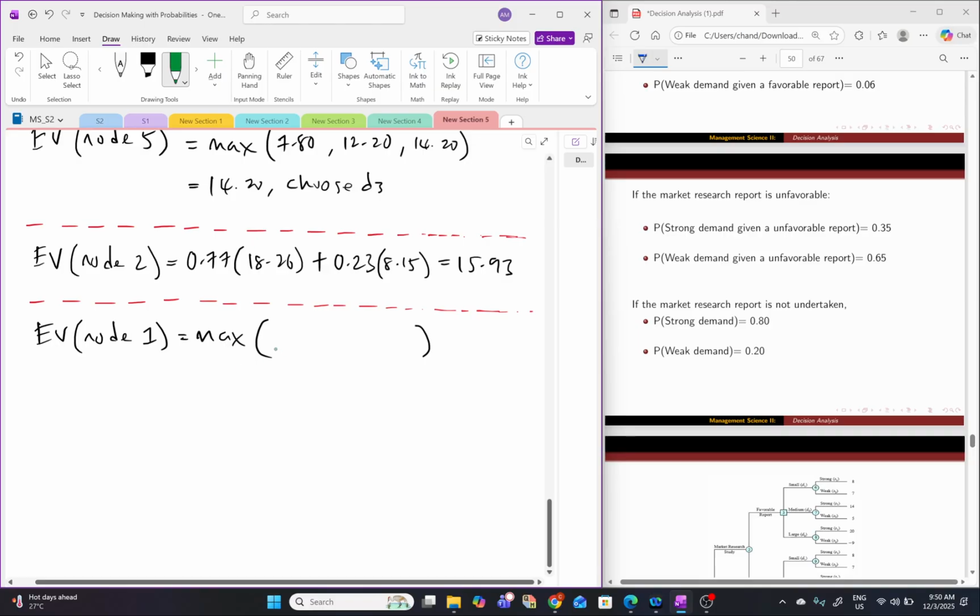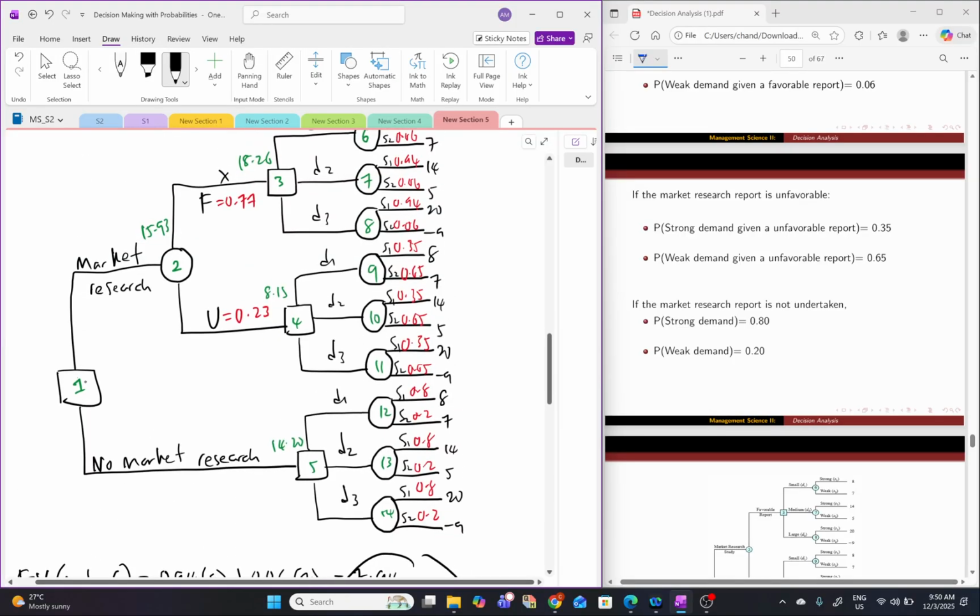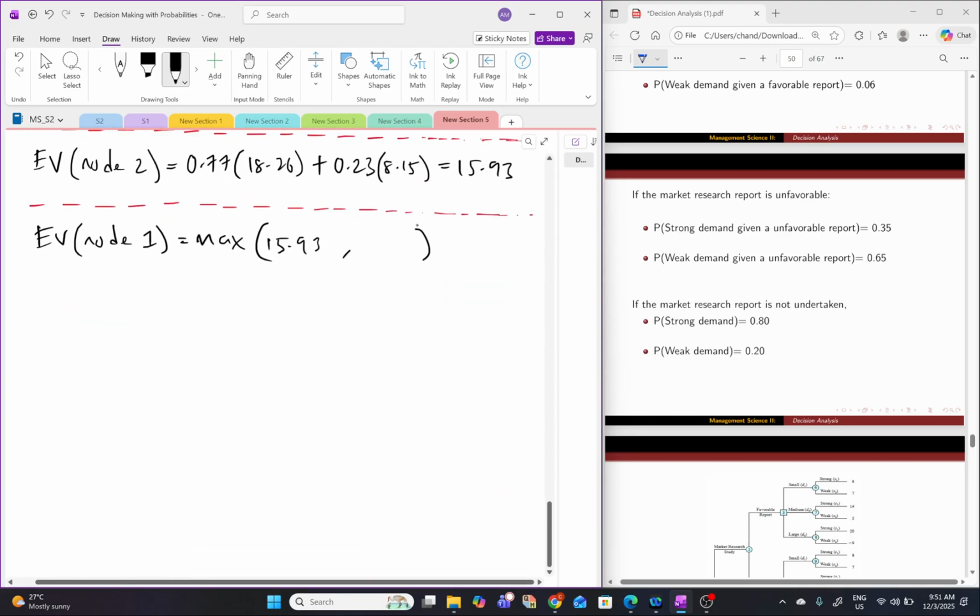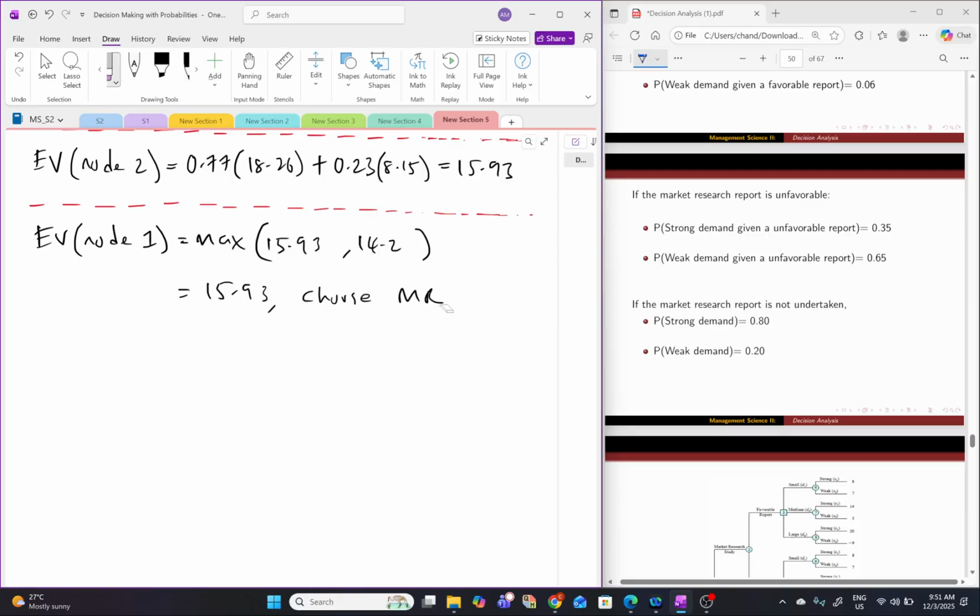Dekat node 1 ni you kena pilih daripada 15.93, and you see the node 1 here, where it goes here and here. Okay, you kena pilih daripada 15.93 ataupun 14.2. Which one is maximum? 15.93. Market, choose market research.